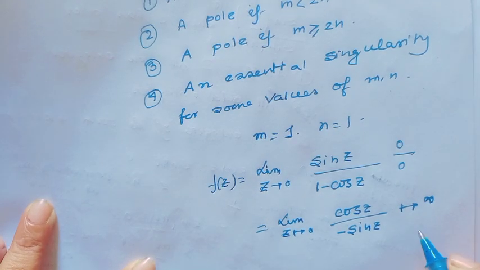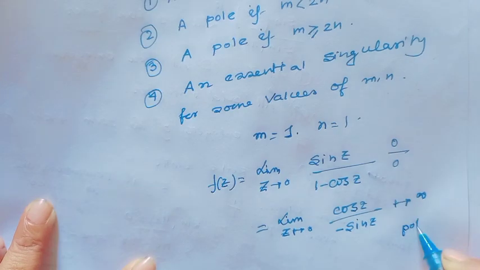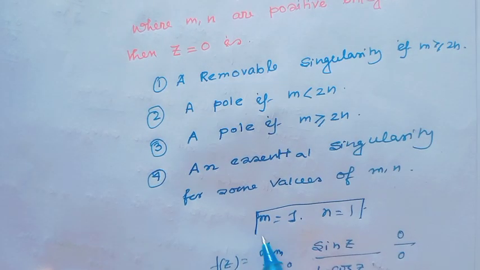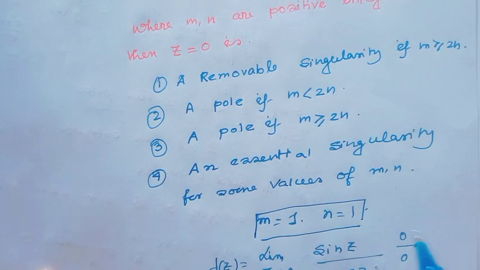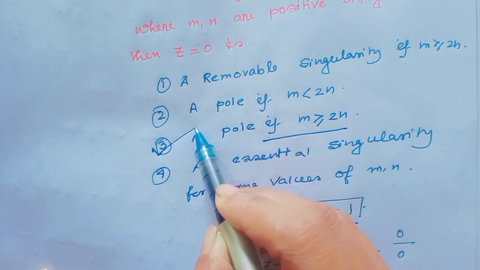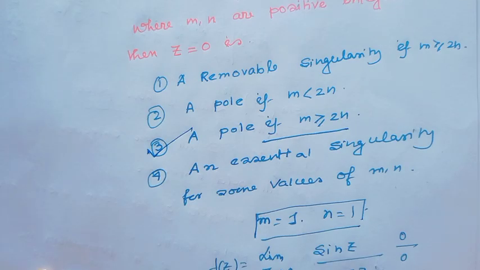So f(z) has poles when m equal to 1, and this is poles when m less than equal to 2n. So option 3 is a right option.